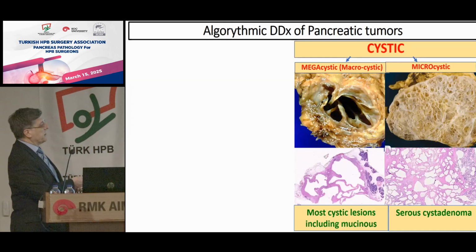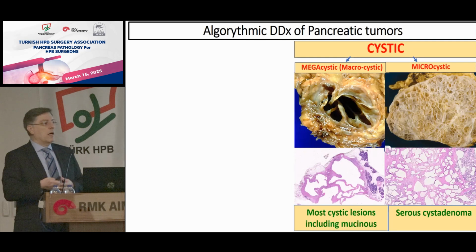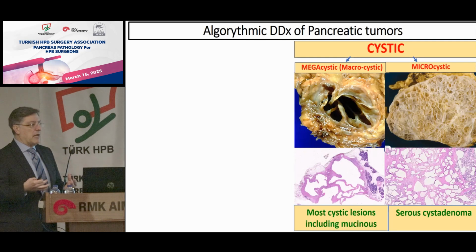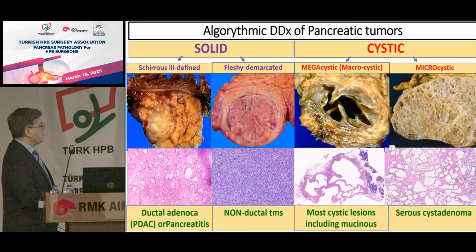The group called microcystic, meaning there are numerous tiny cysts, hundreds, forming this well-demarcated lesion, is very characteristic of serous cystadenoma. So there's only one entity in this arm of the differential diagnosis, whereas the megacystic ones, meaning large cysts with multiple loculi, each locule relatively large, have a wide spectrum of differential diagnosis.